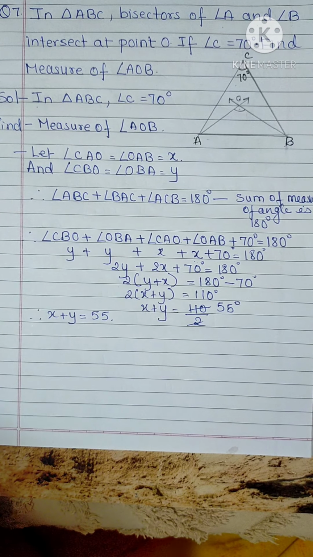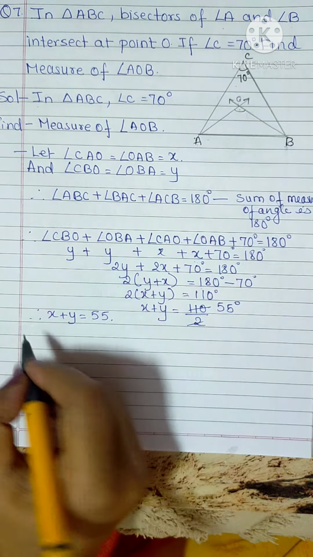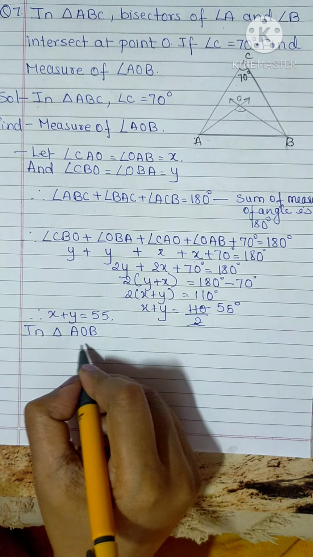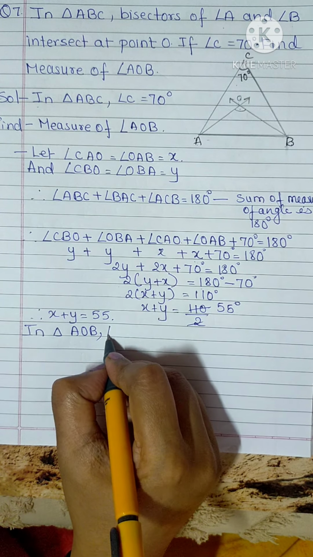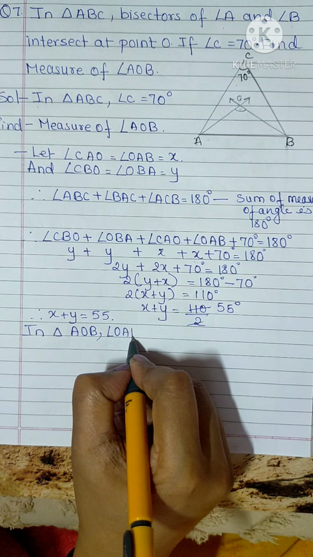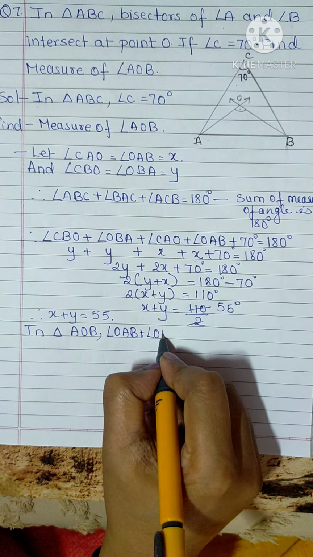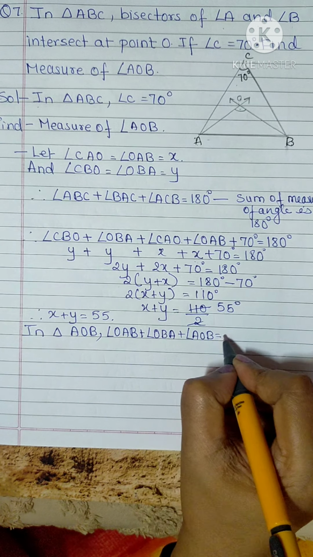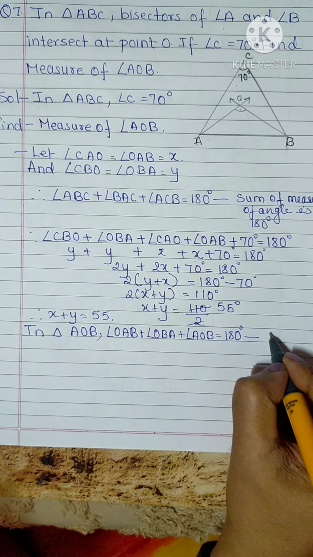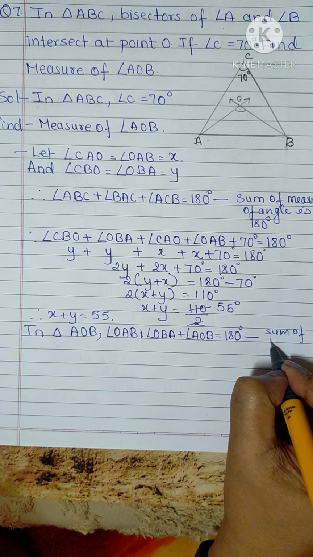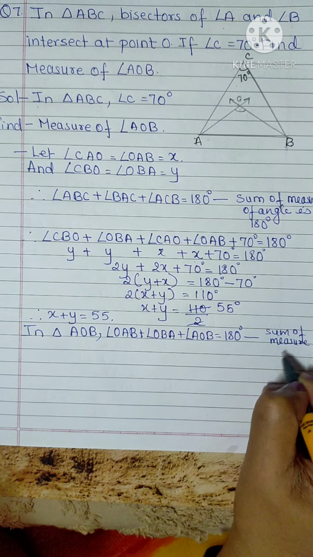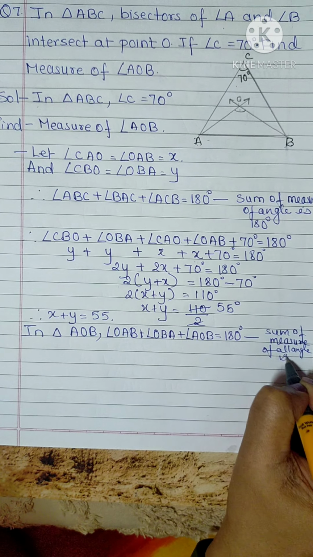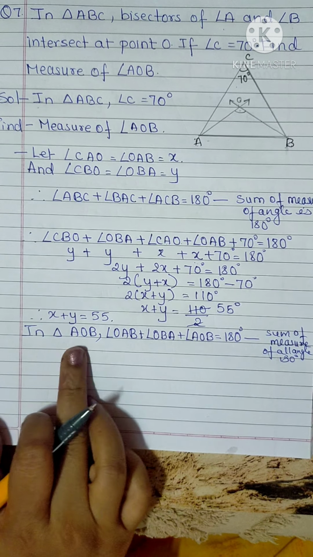Now next step, in triangle AOB, angle OAB plus angle OBA plus AOB equal to 180 degrees. Same reason: the sum of the measures of all angles is 180 degrees.